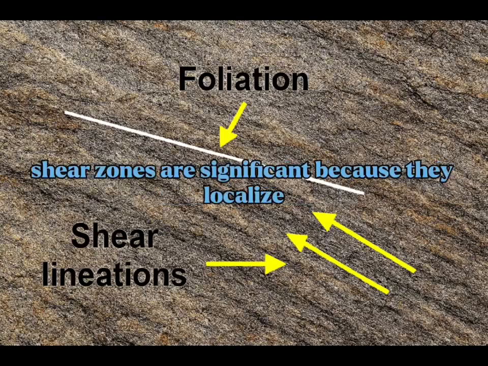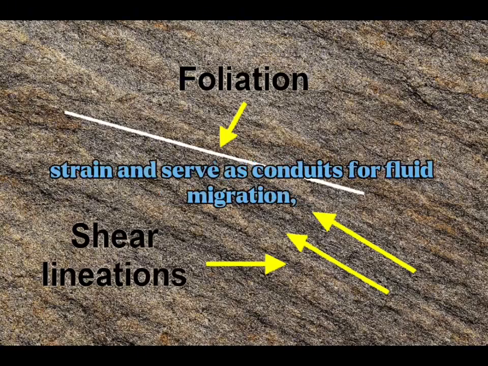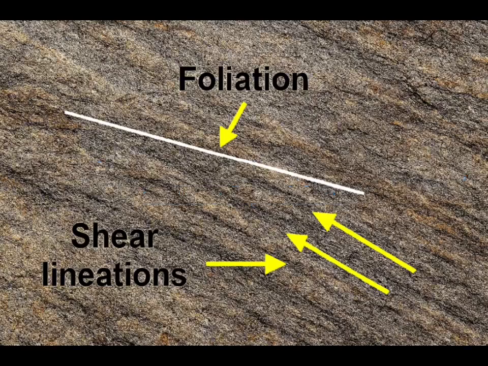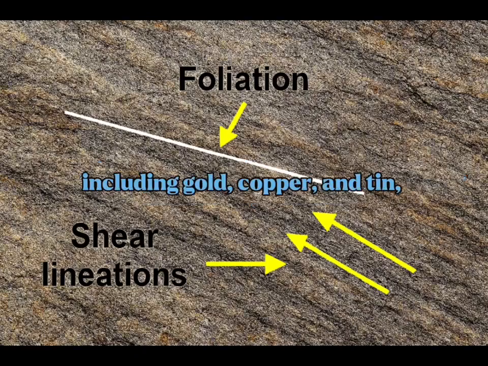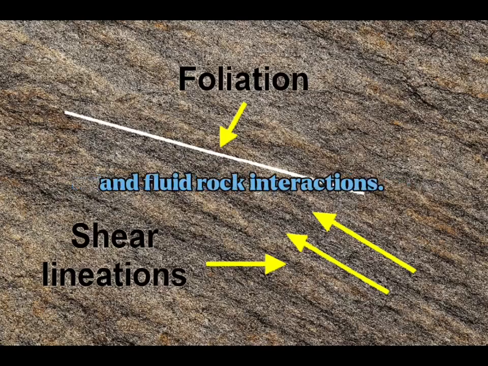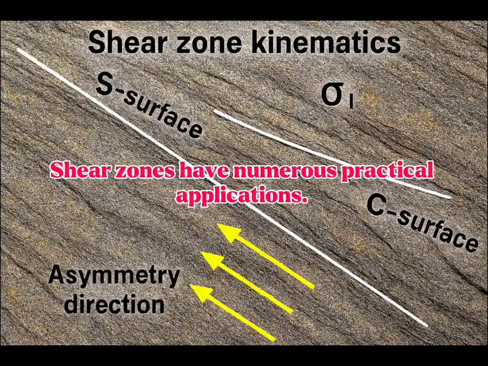Geologically, shear zones are significant because they localize strain and serve as conduits for fluid migration, promoting metamorphism, metasomatism, and ore deposition. Many valuable mineral deposits, including gold, copper, and tin, are associated with shear zones due to enhanced permeability and fluid-rock interactions. Shear zones have numerous practical applications.